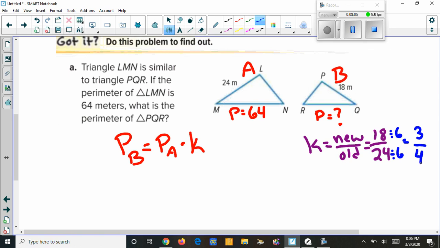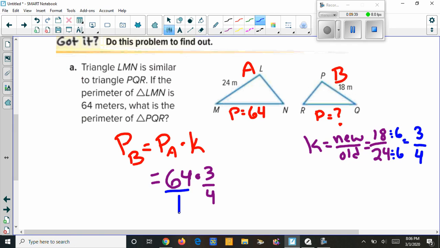And now I have my pieces to plug into the equation. All I need is the perimeter of A, which is 64, times my scale factor, which is 3 over 4. I'm going to do the same thing I did before. Turn 64 into a fraction. And I am going to still do my reducing.